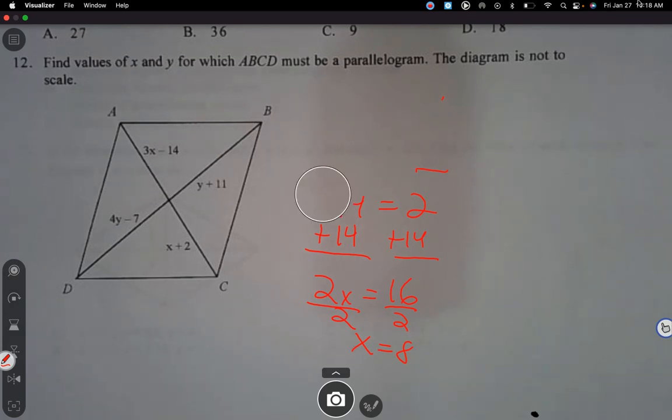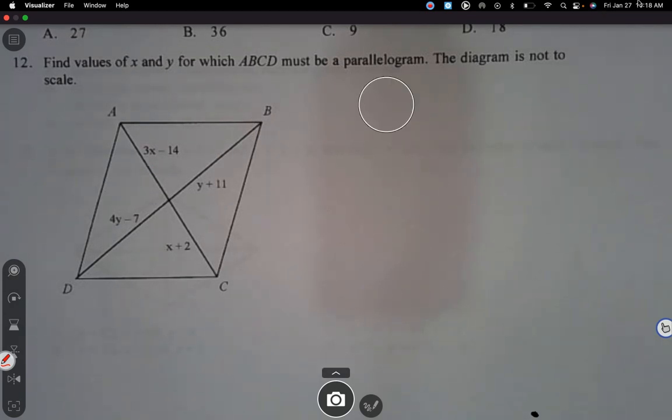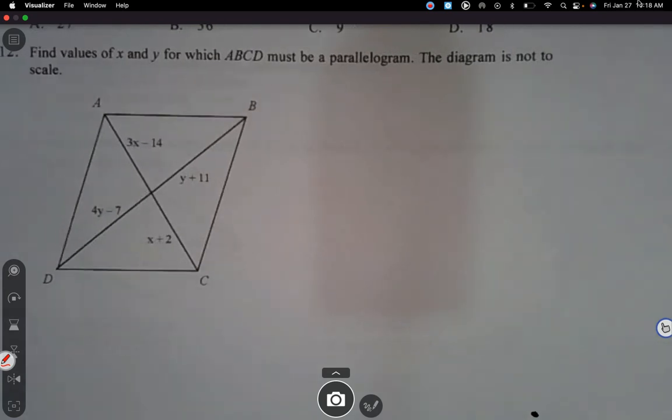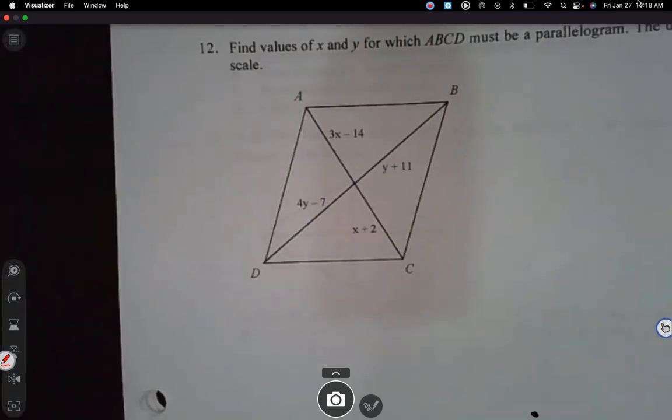Alright, then let me set the y's equal to each other. I'm going to move that paper over, and write right on this side. Okay, so I would have 4y minus 7 equals y plus 11. We would subtract y. So we get 3y minus 7 equals 11.